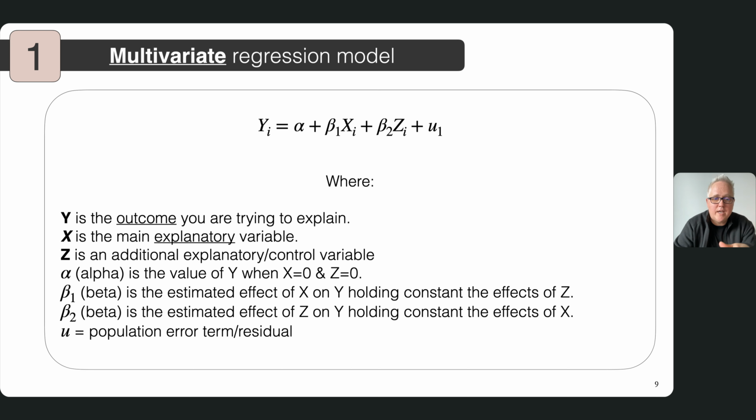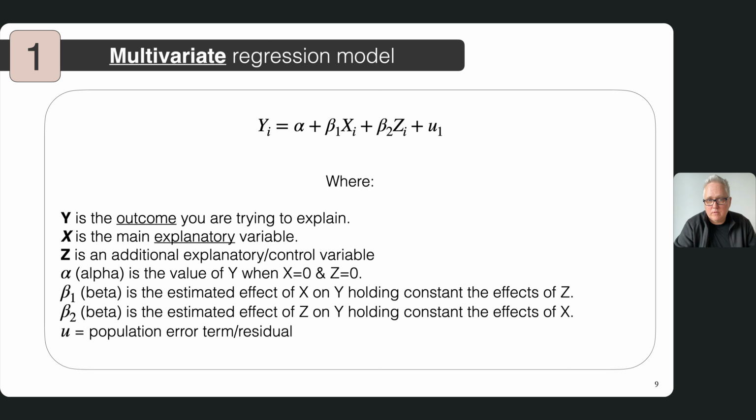Beta 1 is the estimated effect of x on y, holding constant the effects of z, and beta 2 is the estimated effect of z on y, holding constant the effects of x. And so this connects to the ceteris paribus assumption that we talked about in the bivariate regression models, that holding all else constant, this is the estimated effect of your x on your y.